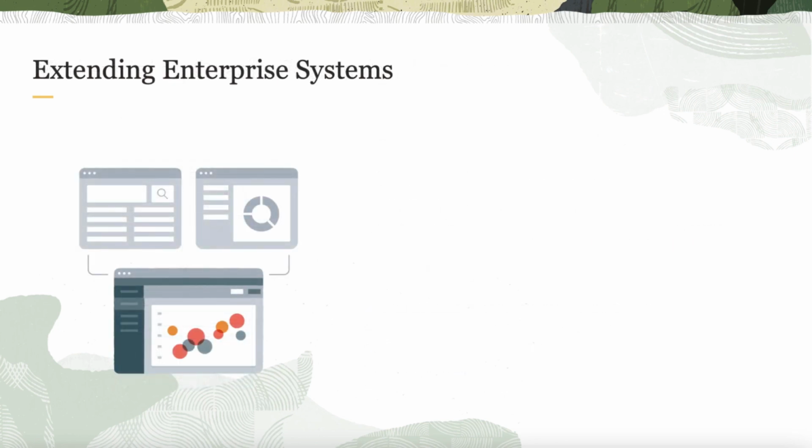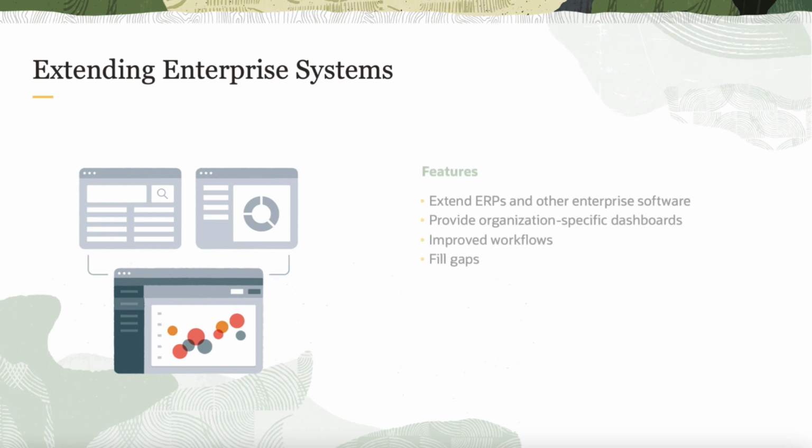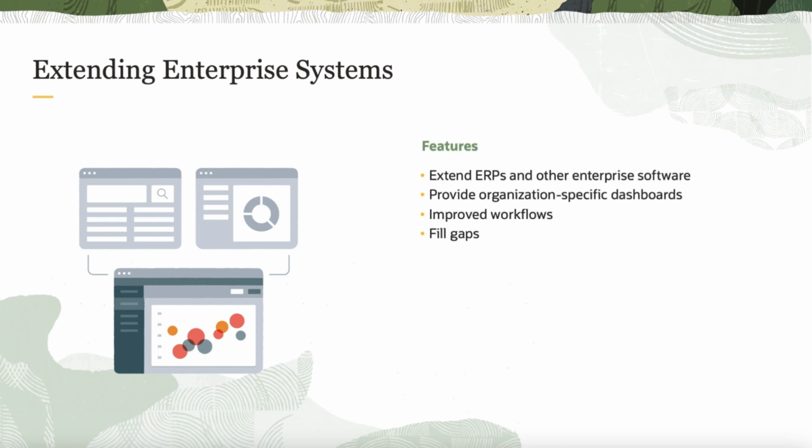Another major use case of Apex is extending your ERP systems. ERP systems provide extensive functionality out of the box. However, they don't always provide the specific reports you need or may be missing functionality, especially if it is specific to your industry or your organization.